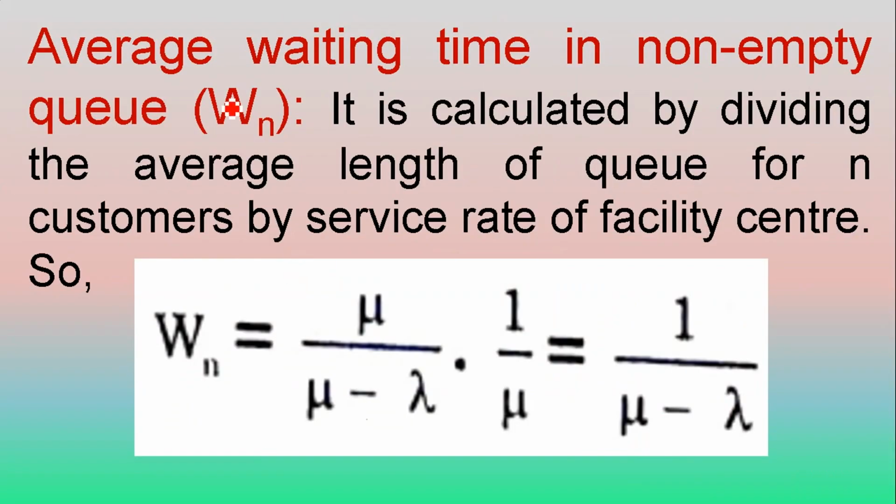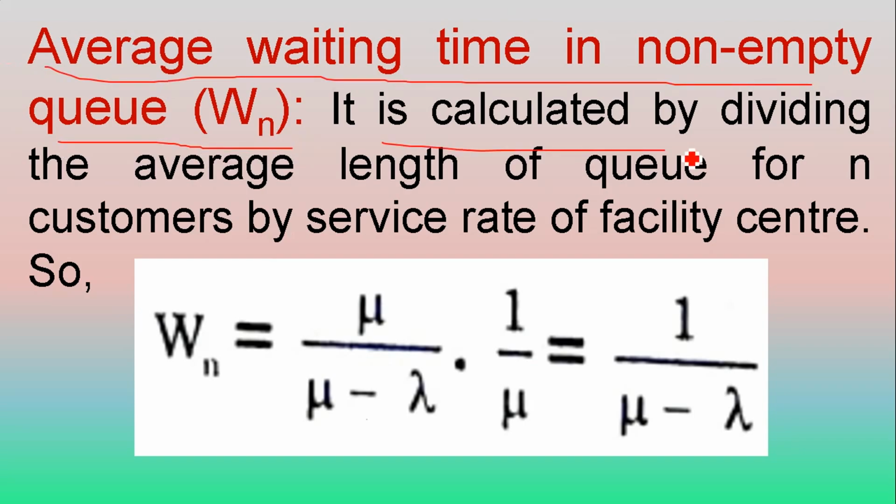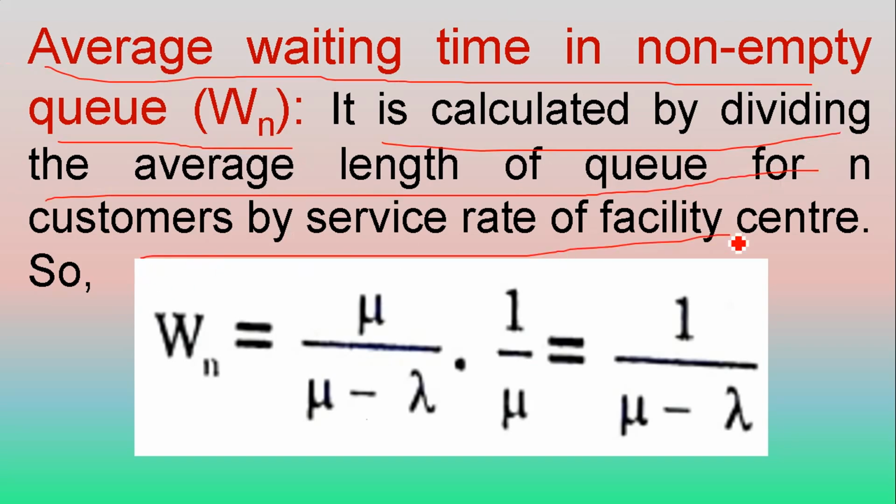After that, average waiting time in non-empty queue. It is calculated by dividing the average length of the queue for n customers by service rate of facility center. What is this? That is nothing but average waiting time in non-empty queue. When the queue is not empty, how much will the average waiting time be, right? The formula for that is WN is equal to mu upon mu minus lambda into 1 by mu, right?